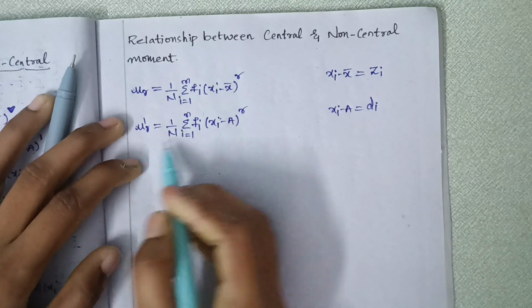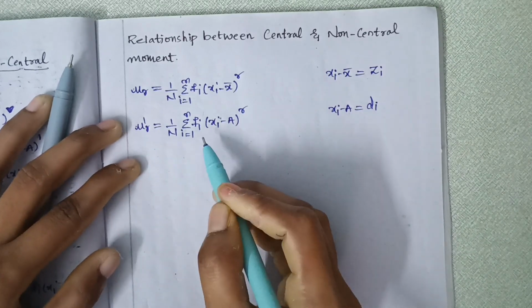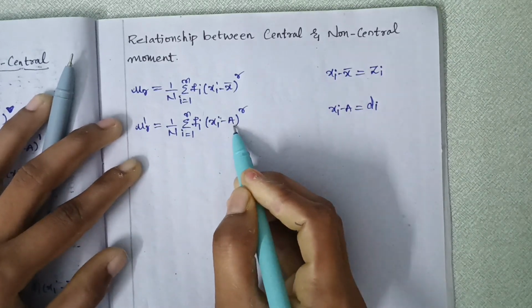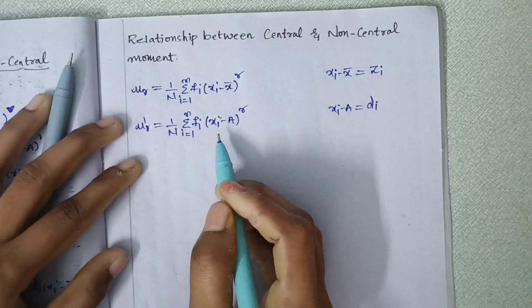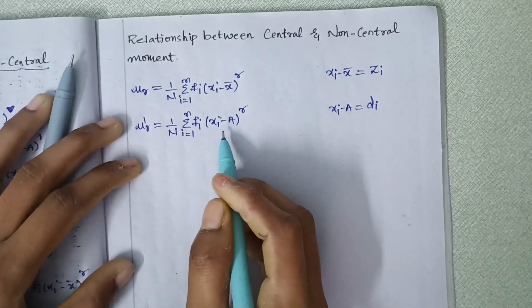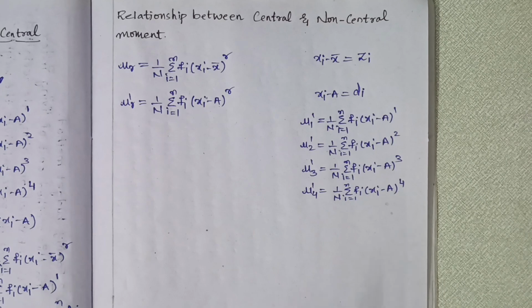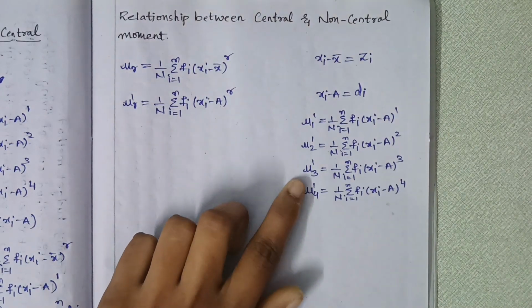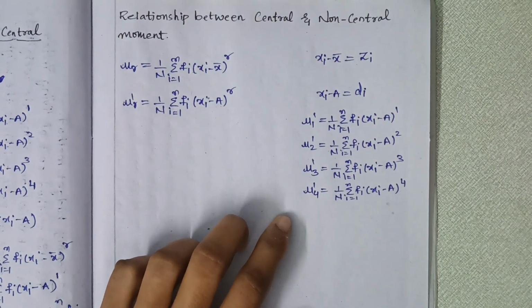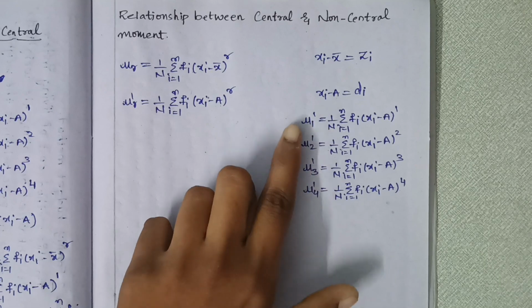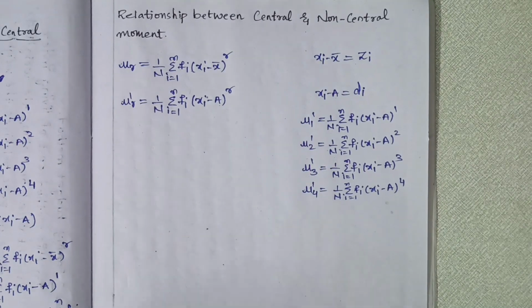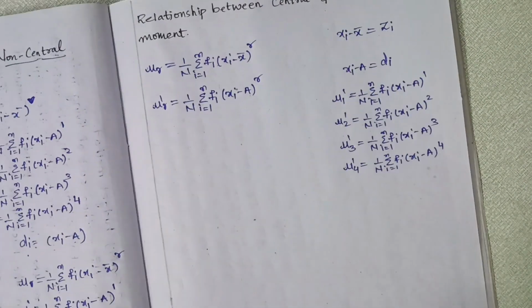Here the moment taken about any arbitrary point such as a is called the non-central moment. So if r is equal to 1, 2, 3 and 4, the non-central moment becomes in this way. So now we will write the relationship.